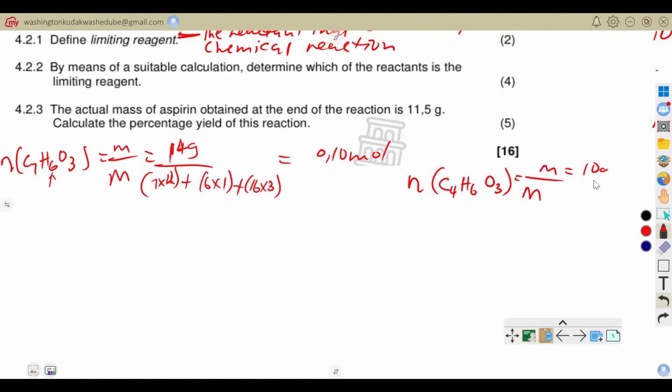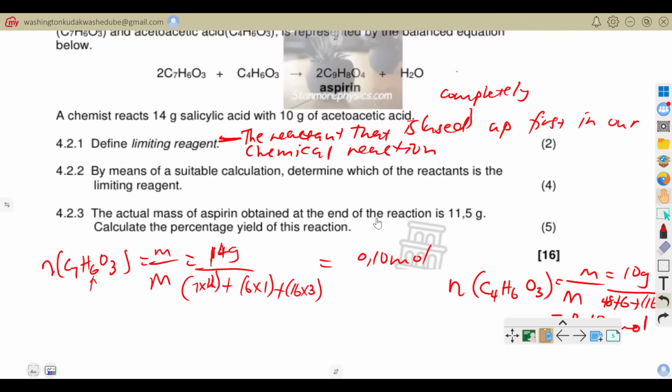We are given 10 grams of it, and the molar mass here will be 4 times 12, that is 48, plus 6, plus 16 times 3. If I do that, the number of moles I get here is also 0.1 moles.